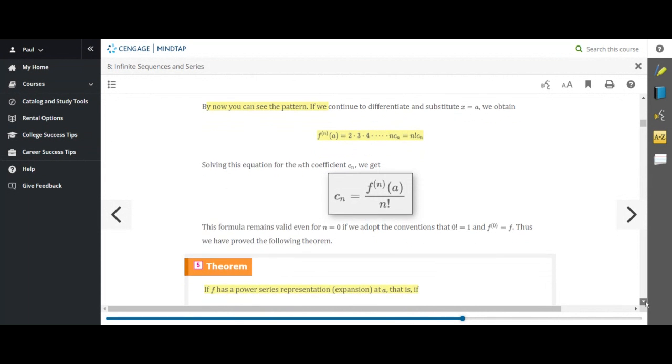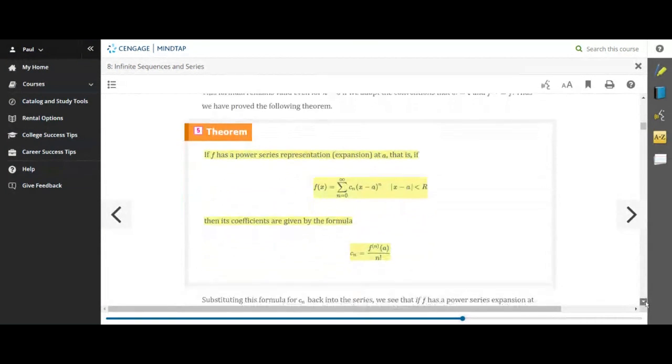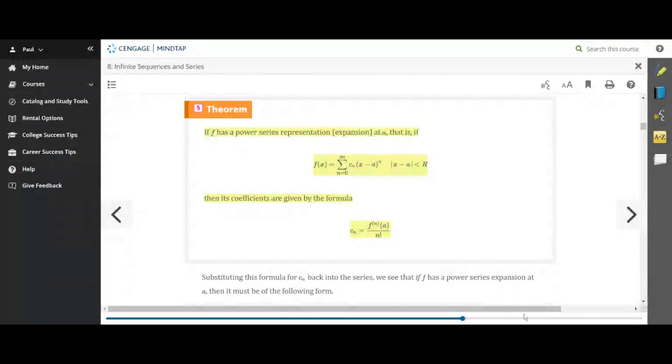And so now we have our power series representation. If we take our function and express it as that power series you see there, the coefficients are given by that formula. The c sub n is the nth derivative of the function evaluated at a divided by n factorial.